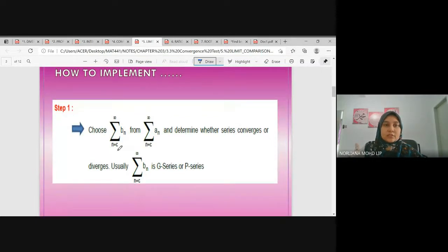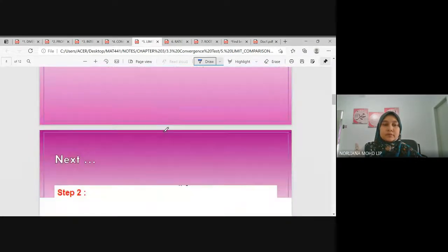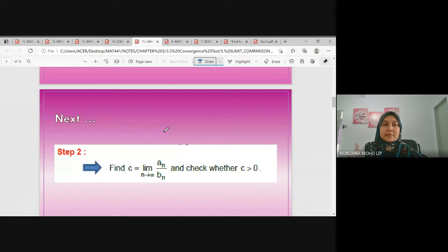Okay, let's look at how to implement this limit comparison test. Okay, step 1, choose bn. Sama macam step sebelum ni lah, choose bn from an. Okay, usually bn is geometric series or p series, and determine the series of geo or p series. Then the second step, you have to find c, where c is equal to the limit of an over bn, where n approach infinity.